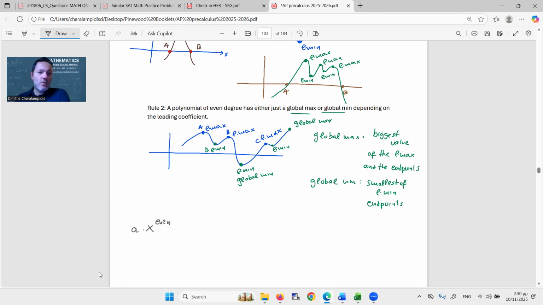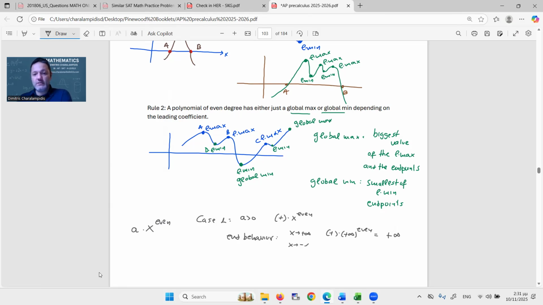Now, this is more related to the end behavior of the graph, because let's take cases. Case number 1: a is positive. So the function will look like, the leading term at least, a positive number times x to an even power. Considering the end behavior, as x tends to plus infinity, a positive number multiplied by plus infinity to an even power would result in plus infinity.